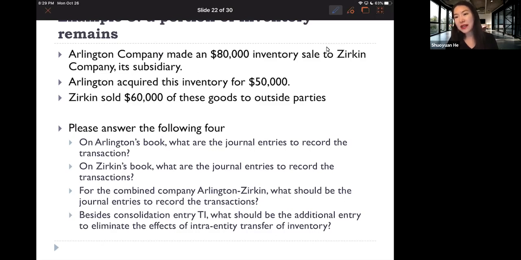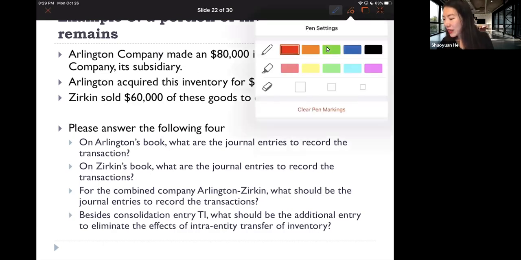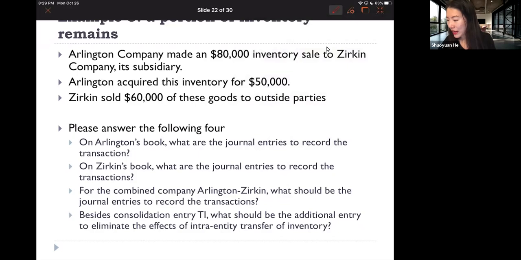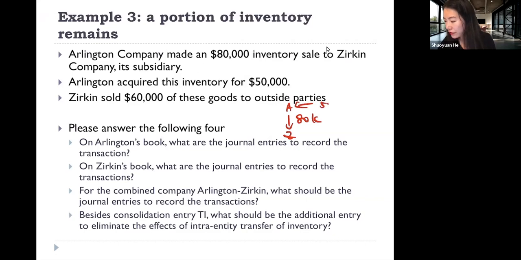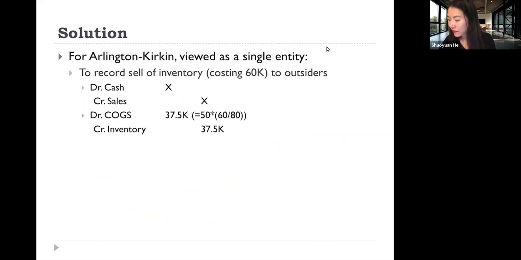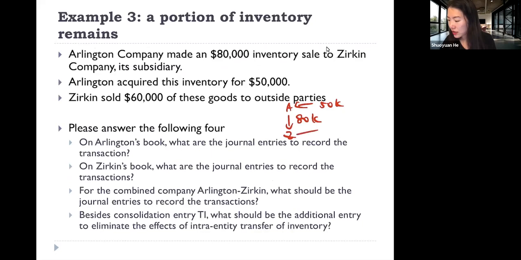You have sold everything, or you have sold nothing, or, in this case, sold 60,000 of those to an outside party, which means that 20,000 still remain within the firm.